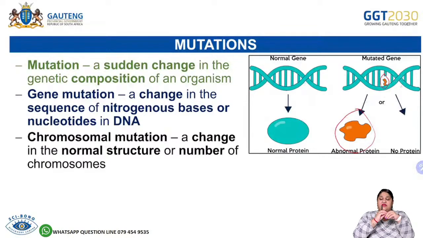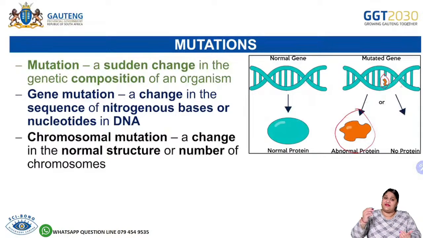And it's because the tRNAs pick up specific amino acids. So if the nitrogenous base changes in the DNA, that might cause the mRNA codon to change, which will cause the tRNA to change. And if the tRNA picks up a different amino acid compared to what was originally there, that can cause a different protein to form.